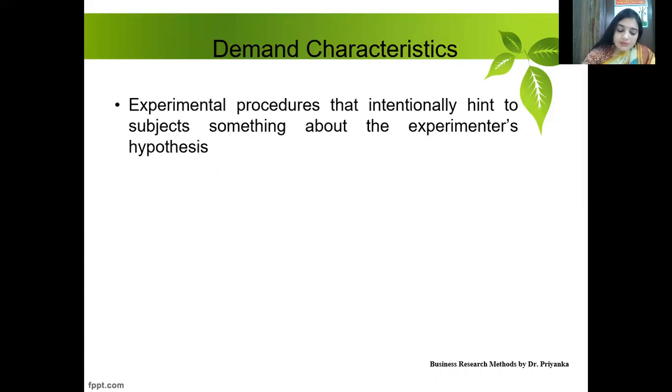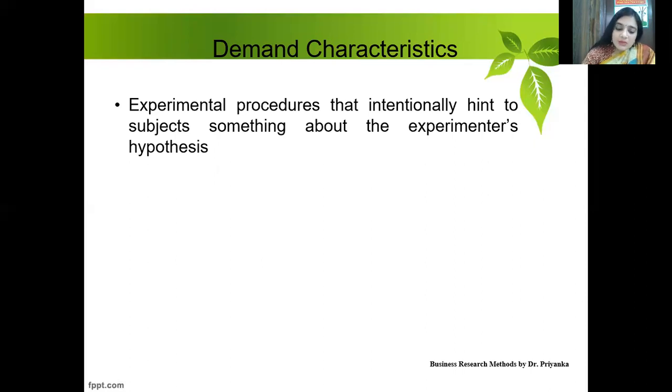So if the participant has recognized the experimenter's expectation, or say his demand of the way he should behave, they are likely to act in a manner consistent with the experimental treatment. Even slight non-verbal cues sometimes give them the hints. When the experimenter's influence is there on the subject's reaction, this is basically a demand characteristic.